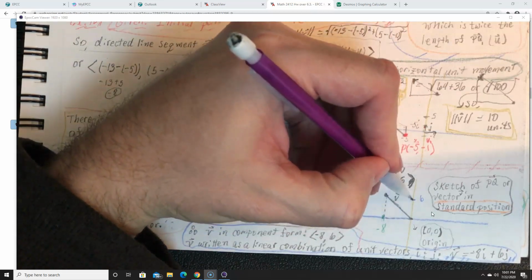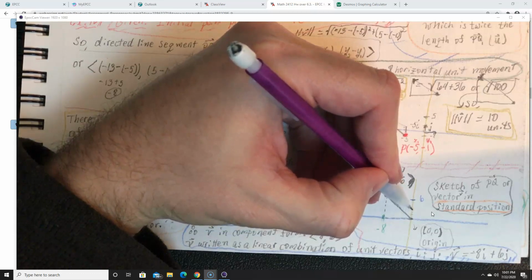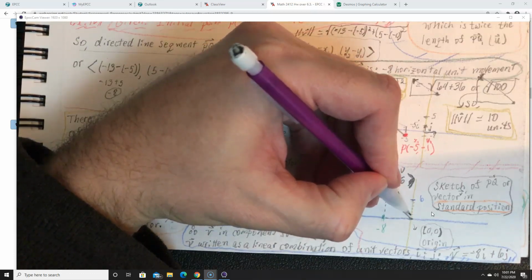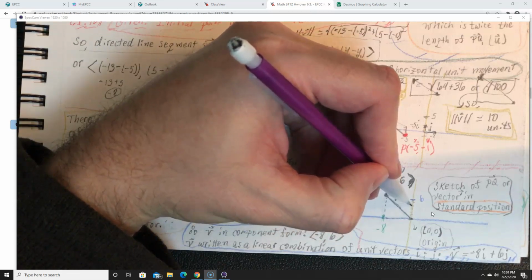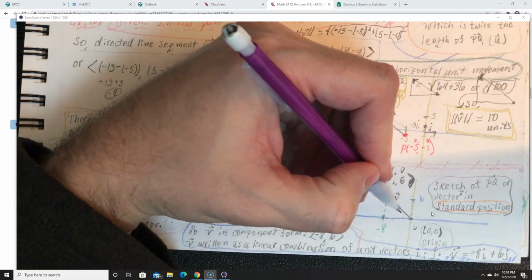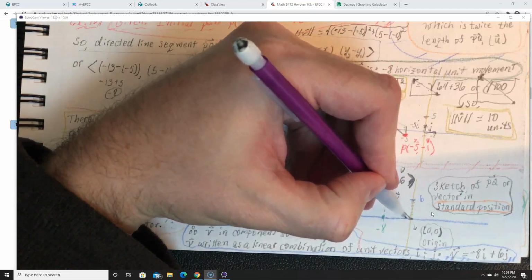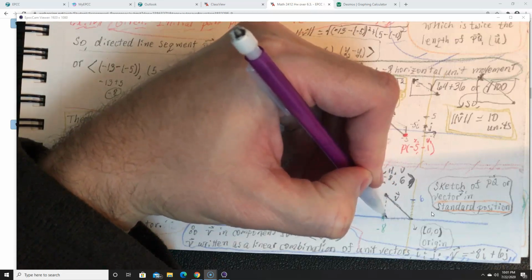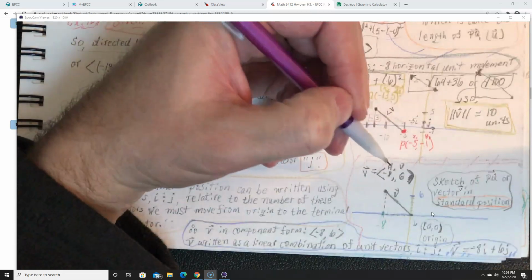From here up to here would be 6 units. And this would be 1j, 2j, 3j, 4j, 5j, 6j. This way would be -1i, -2i, -3i, -4i, -5i, -6i, -7i, -8i.